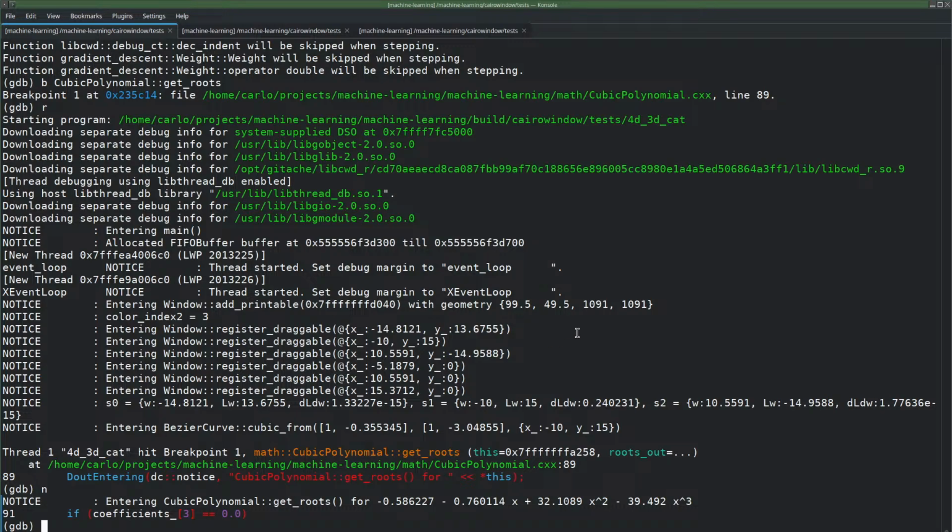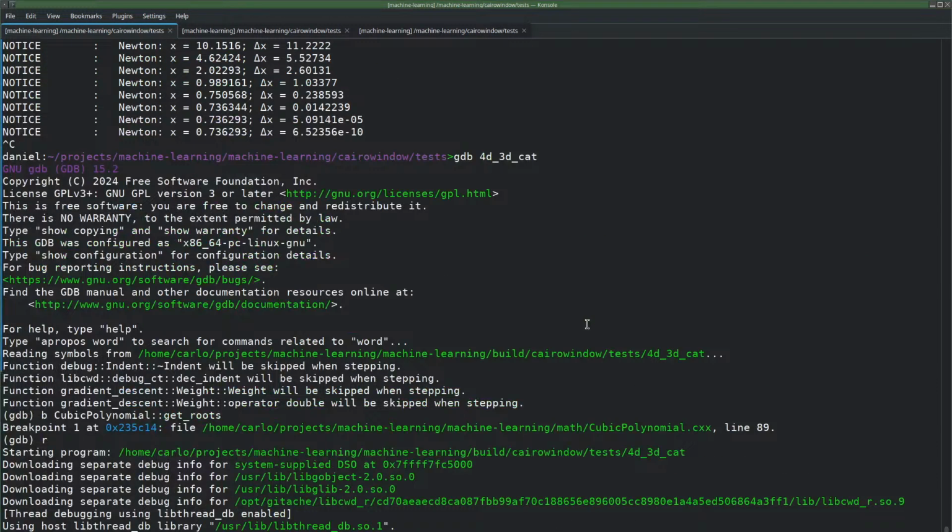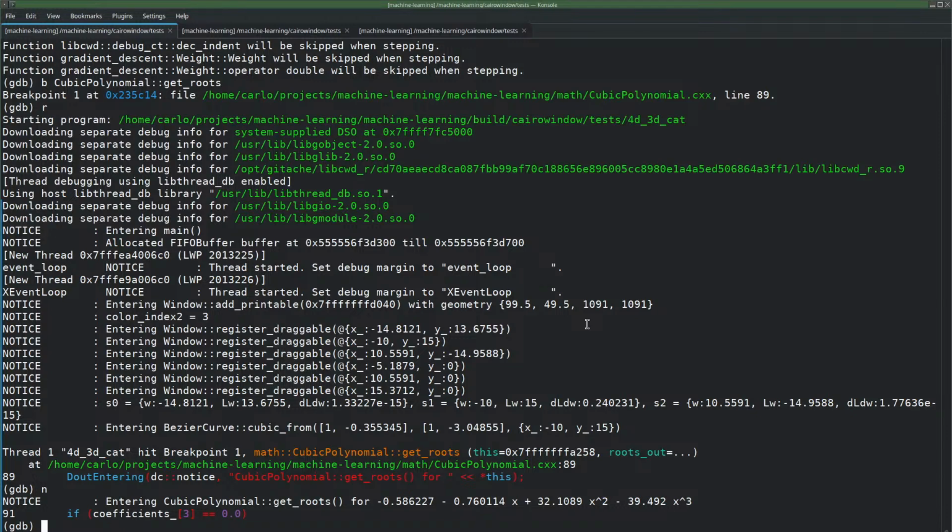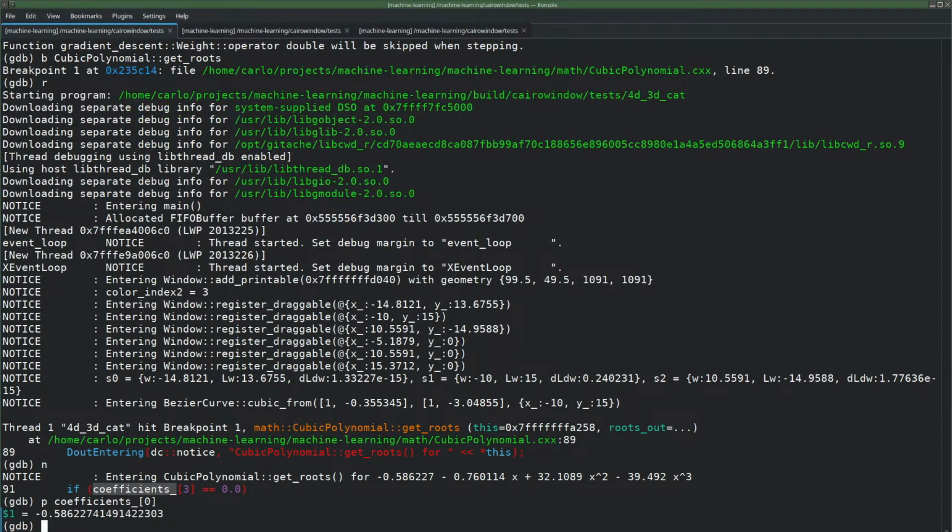I tested it with that again, last cubic, so we have to wait until the last entry. Maybe we can just test the value of coefficients. Condition breakpoint 1.